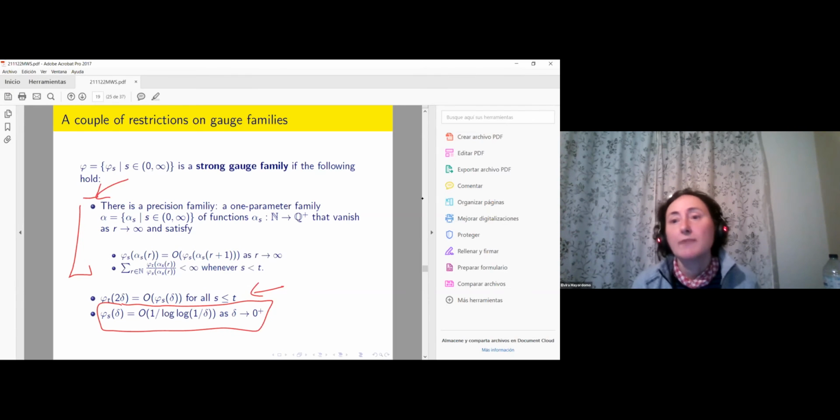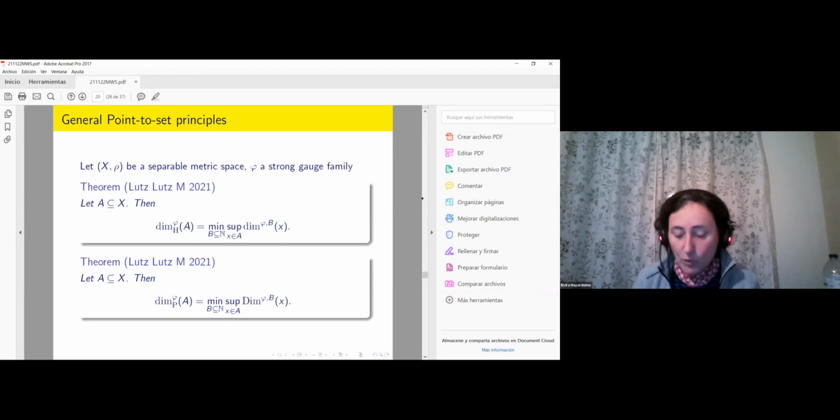So in order to be able to do something useful with information theory, you need to bound a little bit. Using these limitations, you can prove point to set principles again.